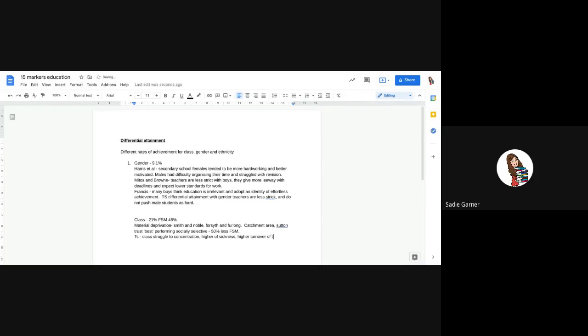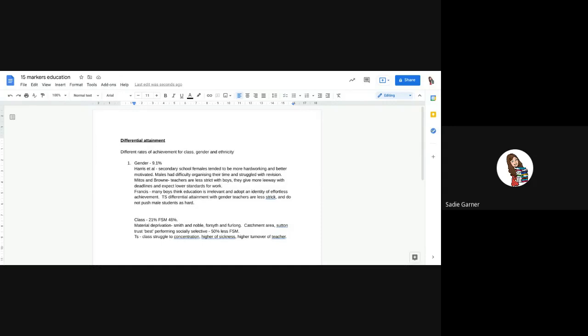We'll be very careful not to say, well, there's poor quality teaching in those schools. It's really much more complex than that. You show an examiner you're not really clear on the complexities of it. And an issue with more poor quality learning can be a result of much higher turnover of teachers, where the vast majority of their class have material deprivation and have issues that link to that.